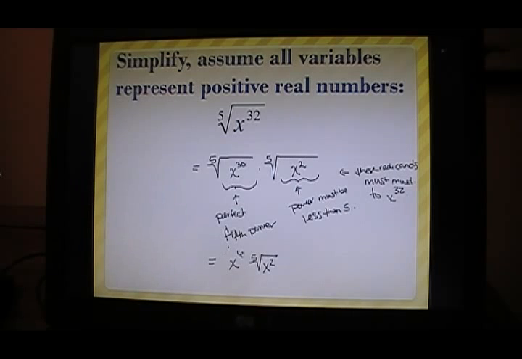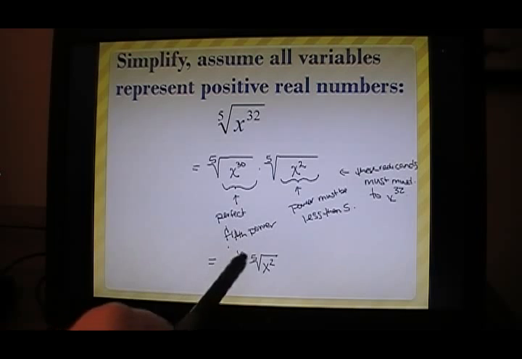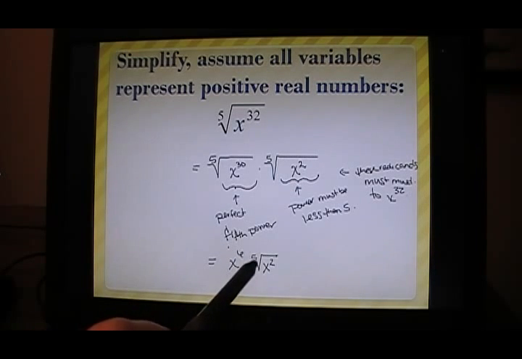And it's very important when you're writing your simplified expression that if the index is something other than 2, it has to be there. No index means the square root of x squared, which we know is x, okay? Which is very different than the fifth root of x squared. So be very cautious: if you have an index other than 2, you need to make sure that index gets placed in your final simplified answer.